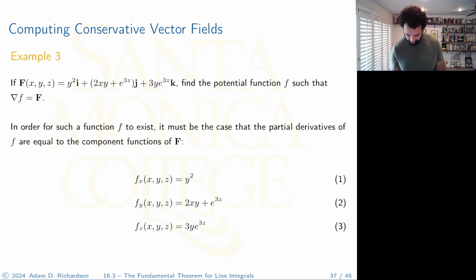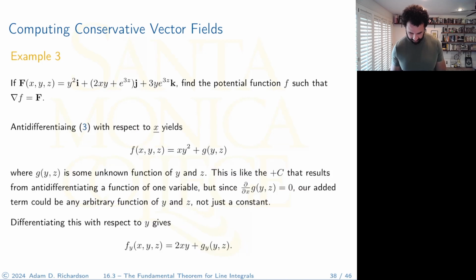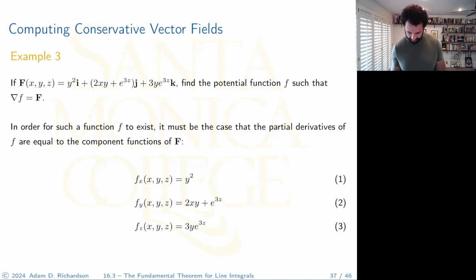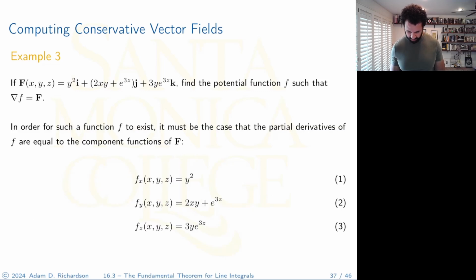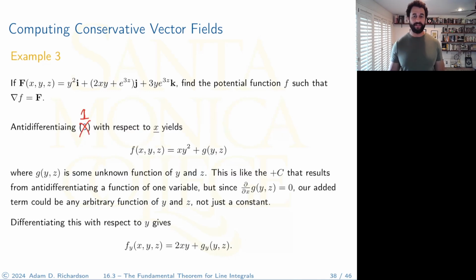Hold on. Sorry, not 3. I have a typo here. That should be 2. Hold on a second. Let me be sure I don't have a typo. Okay, sorry about that. Yeah, that was a typo. I knew something was off because I was like, where did the exponential go?